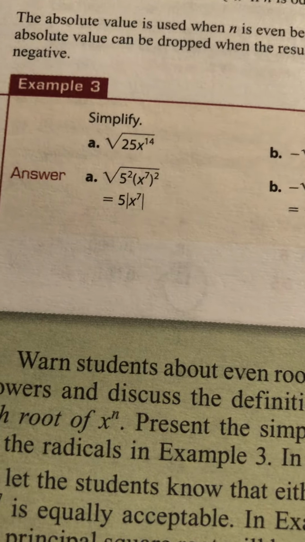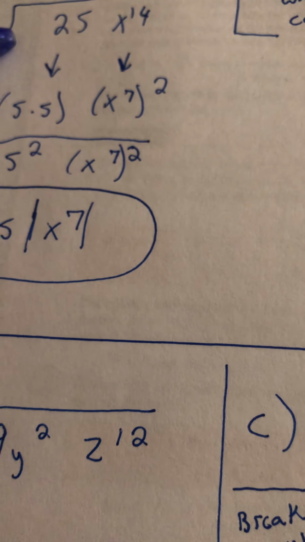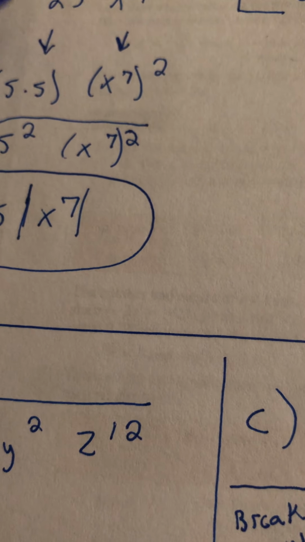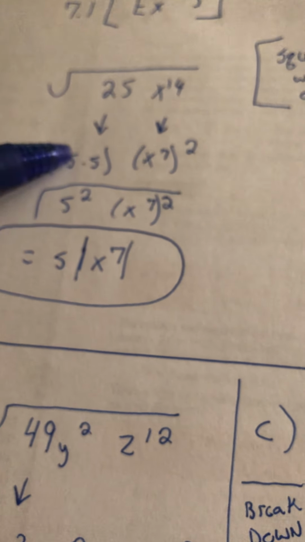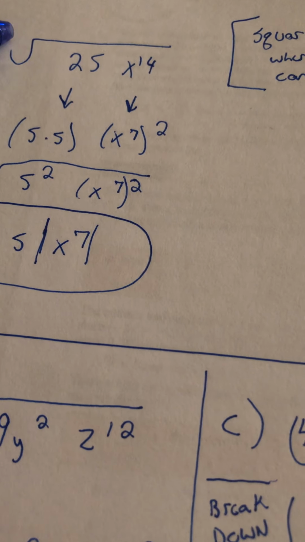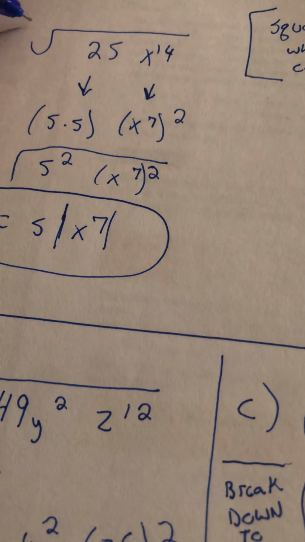What I'm talking about is, let's go here and look at where I worked it out. We were given 25x to the 14th, okay? What gives me 25? 5 times 5, correct? Well, how would I write that? If this is an understood 2, I'll go ahead and put this right there.